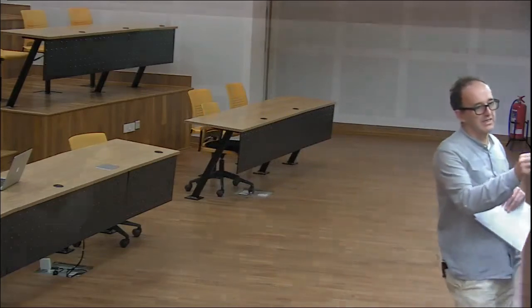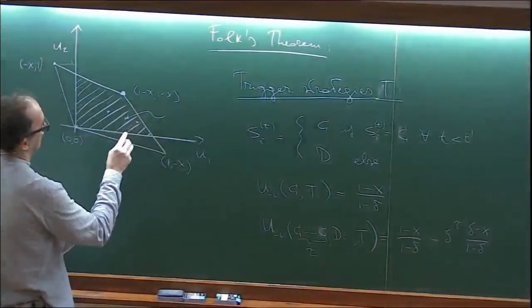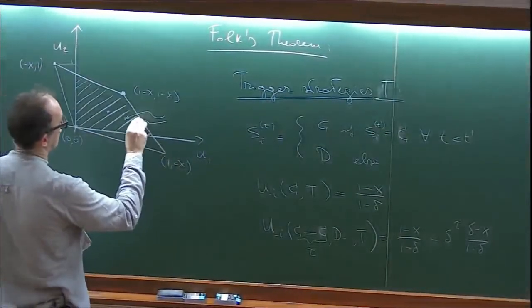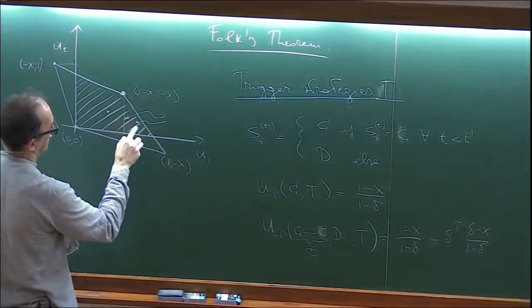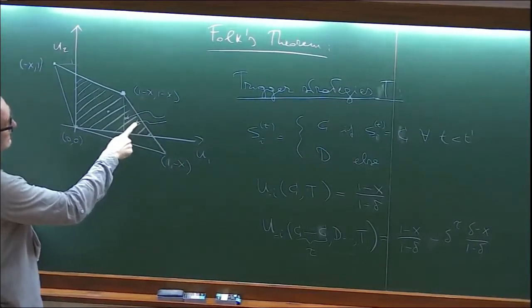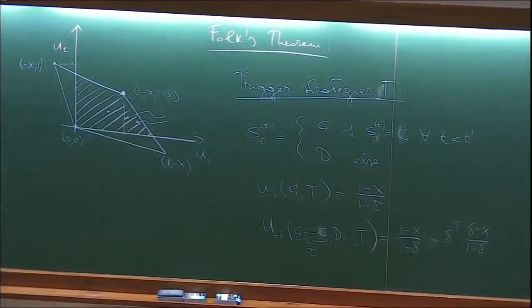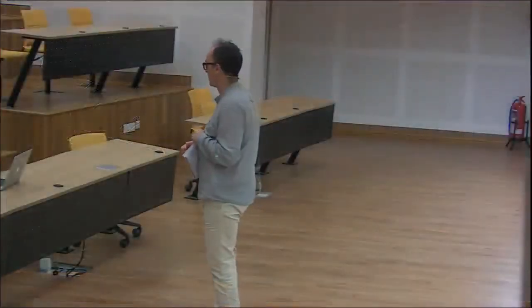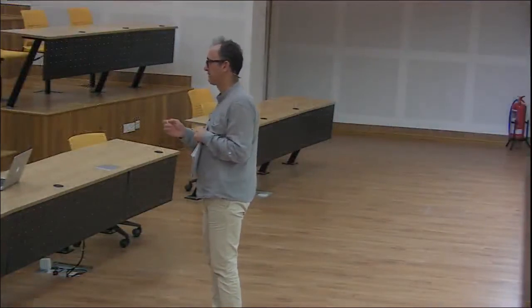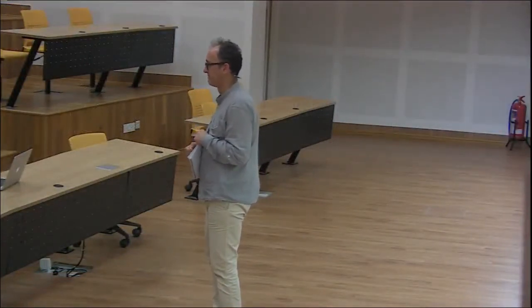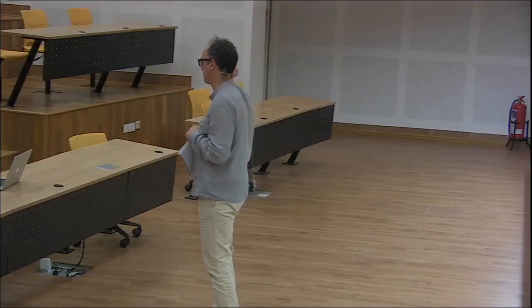And actually, you can see that the agent can also achieve a payoff which is larger than 1 minus x. The way in which you achieve this is by saying, well, the deal is the following. I will start cooperating. I will cooperate for 10 times. Then I will defect for x times, and you better cooperate, because otherwise I will defect forever.